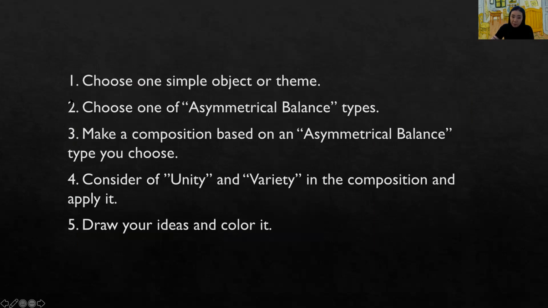Step 1, choose one simple object or theme. And step 2, choose one of the asymmetrical balance types. Now, we just saw 6 asymmetrical balance types, right? So choose one of them and make a composition with the object you choose, based on the asymmetric balance type you choose.